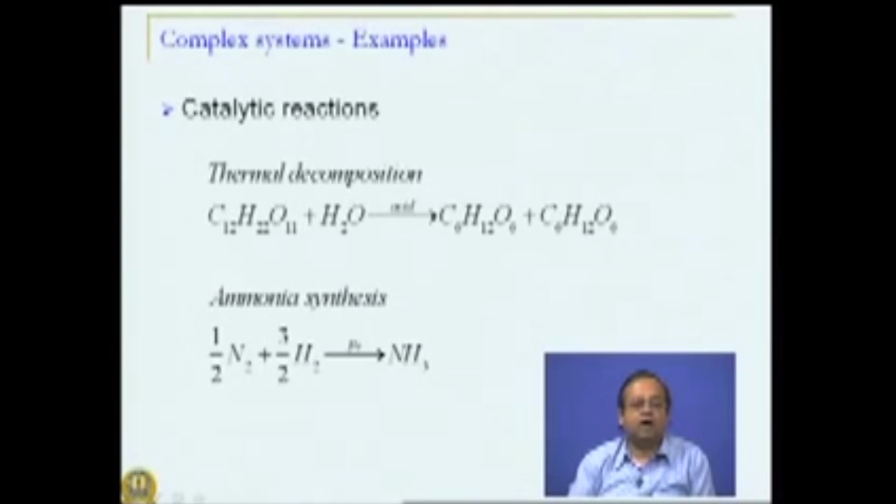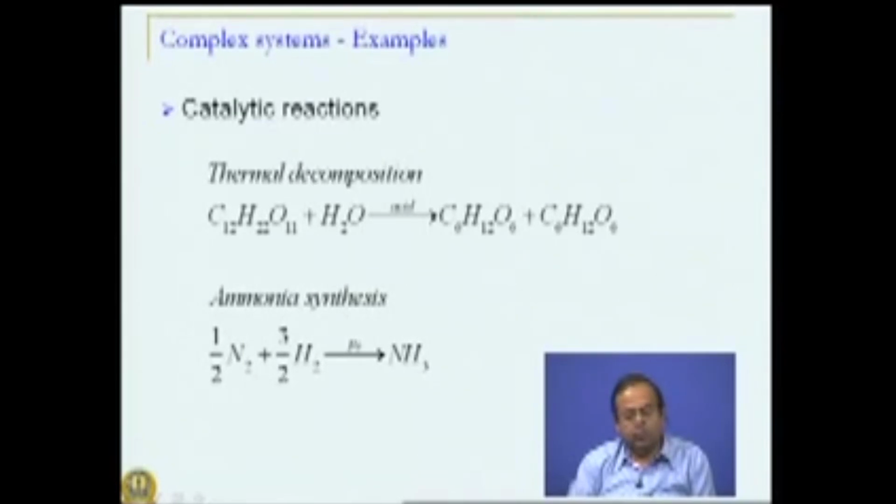Then of course, we have catalytic reactions. A catalyst, as you know, is a compound which does not influence the equilibrium of the reaction, that is, it does not change the equilibrium conversion, but it reduces the activation energy and brings about the reaction at a reasonably faster rate compared to what would have happened if the catalyst was not present. And there are several examples.